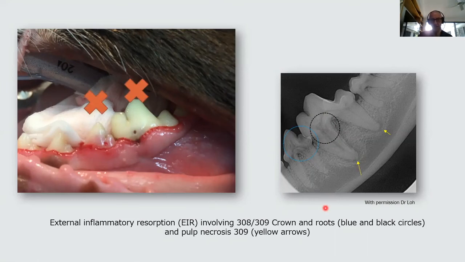In the 308 case, you may not be able to get the whole root out, but you would attempt to get the whole root out if you possibly can. In 309 you would need to get the whole root out.